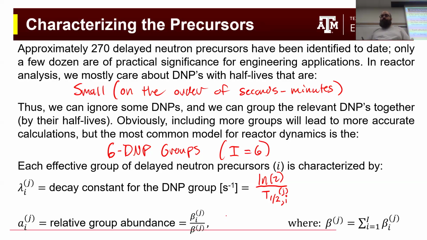The overall beta effective is just the summation of all of the individual beta I's.